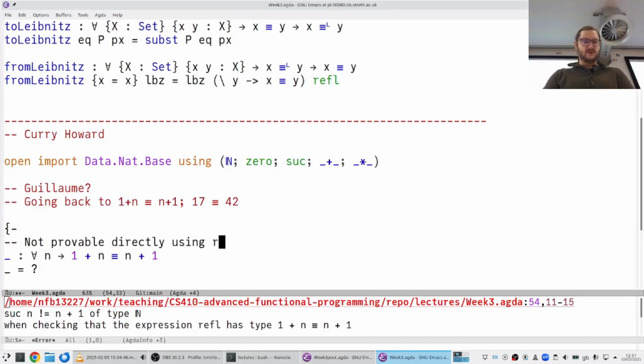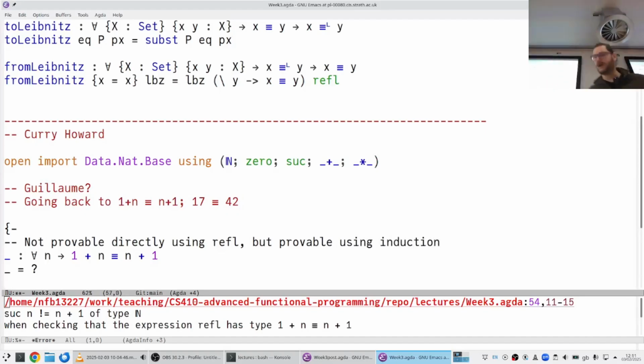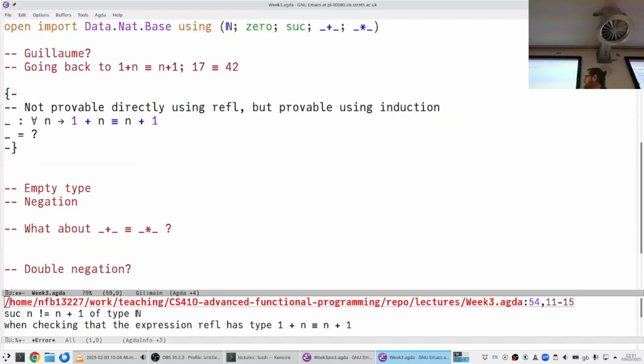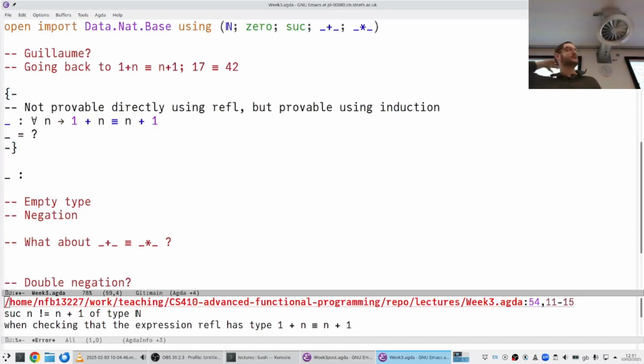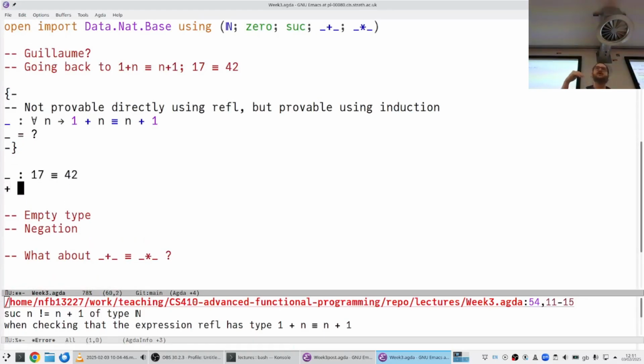However, we saw something else on that day, which was also not provable by REFL. Which is the statement that 17 equals 42. But here it's even more fundamentally not provable than the other one, because the other one we could actually prove it using a stronger proof principle, but this one will always be false.